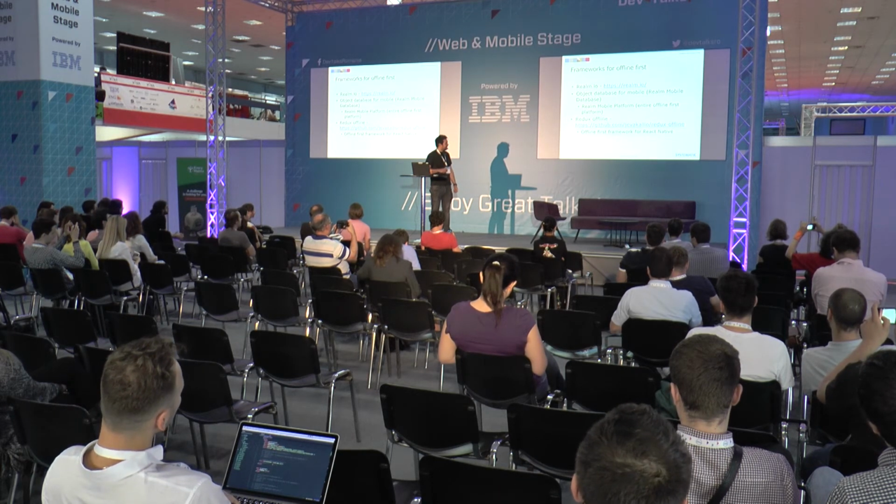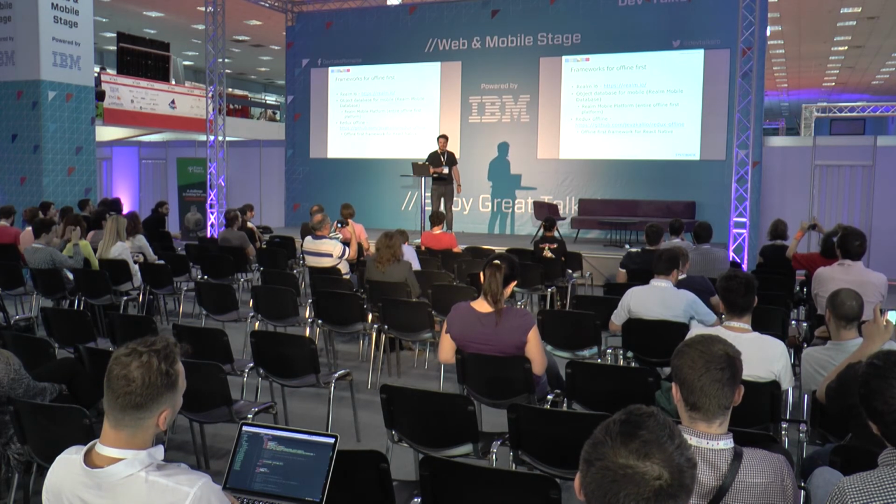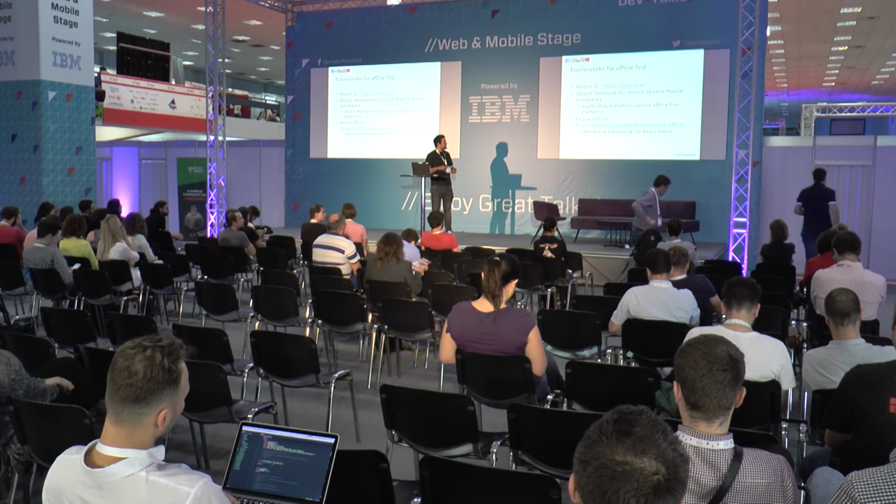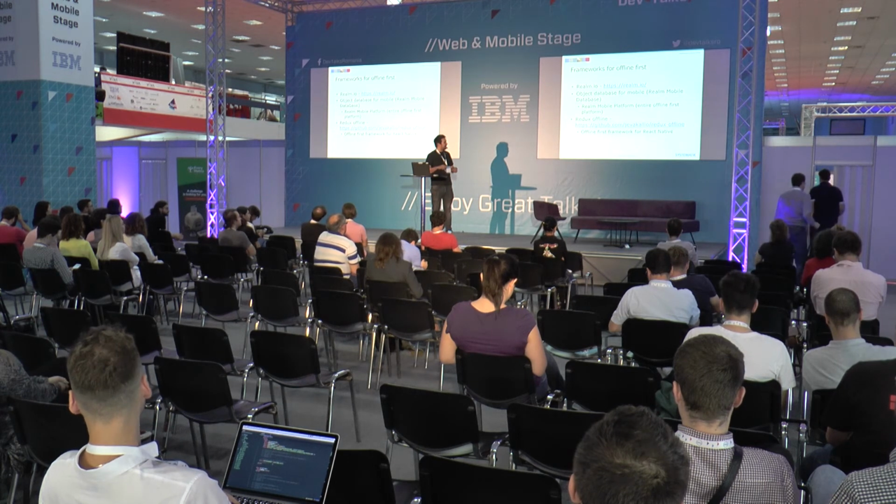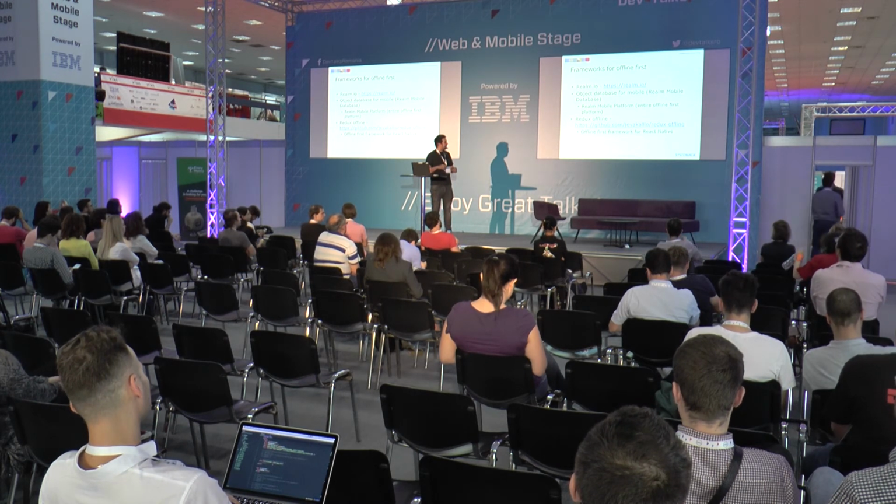They have this Realm mobile platform, which covers a server with a synchronization thing and what's called an object database on the server, and then we have this object database for the mobile, which is equivalent to our SQLite in our case.